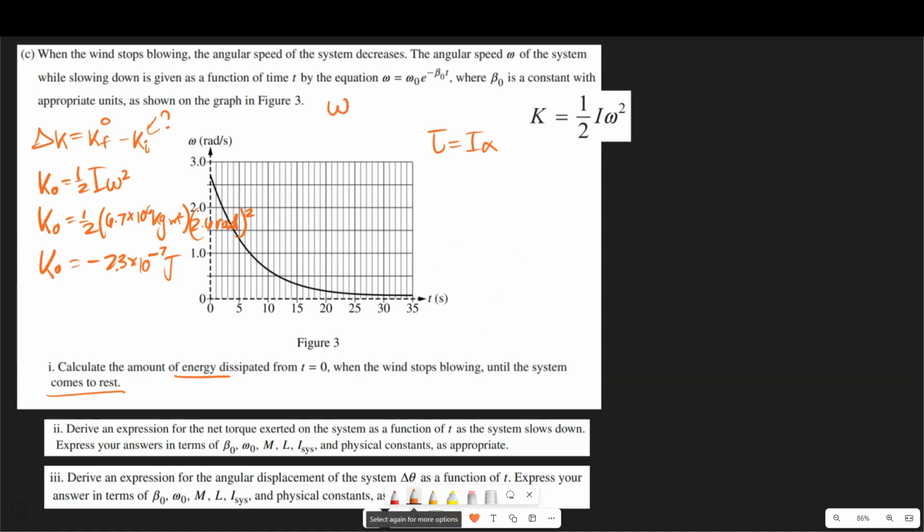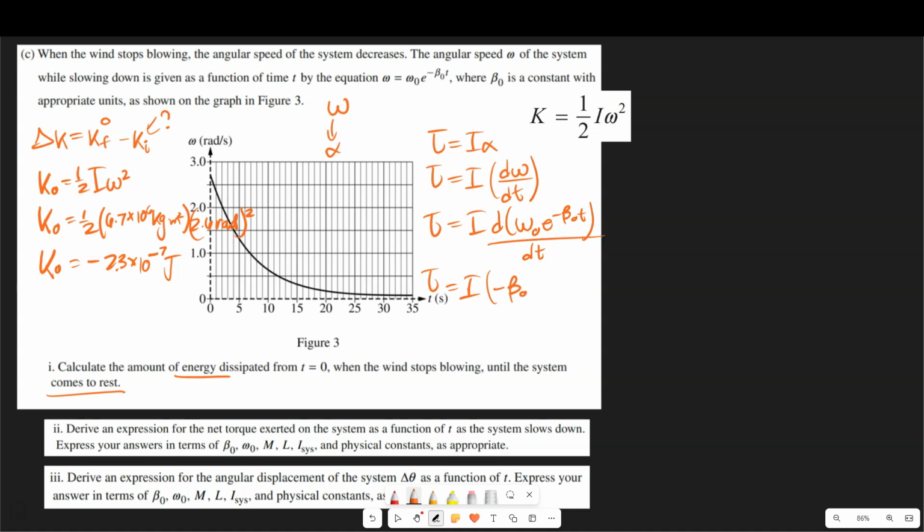So remember, we have angular velocity. To get alpha, we're going to have to take the derivative, right? So you could say torque is equal to I times d omega over dt. So torque is equal to I times this business here.